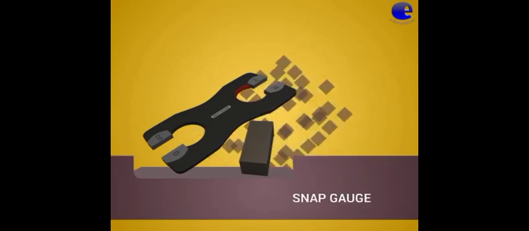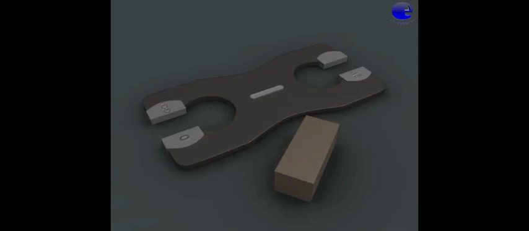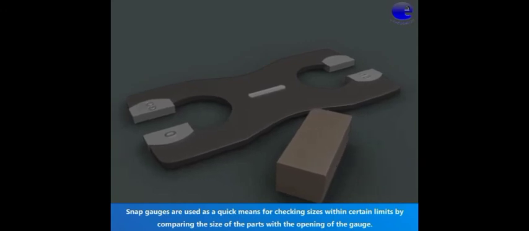Snap gauge. Let us see a 3D model of a snap gauge. Workpiece. Snap gauge, go and no go. Snap gauges are used as a quick means for checking sizes within certain limits by comparing the size of the parts with the opening of the gauge.